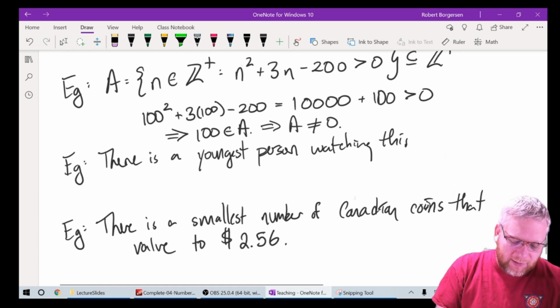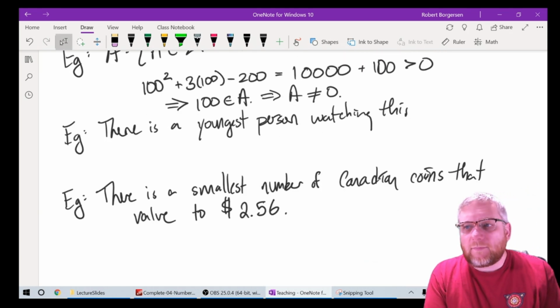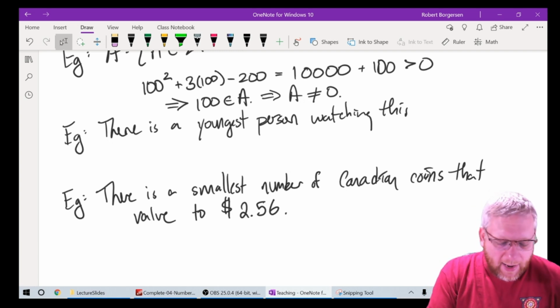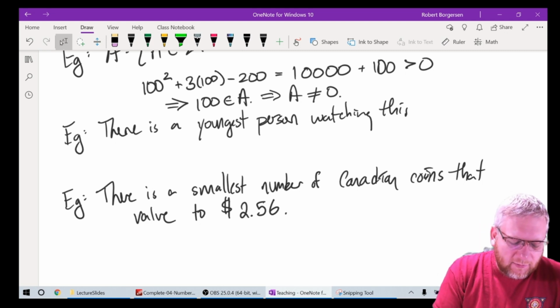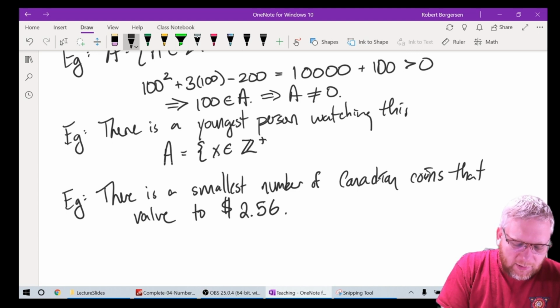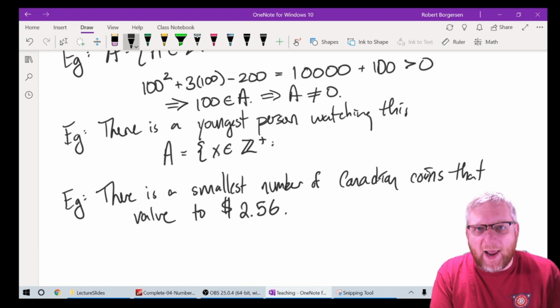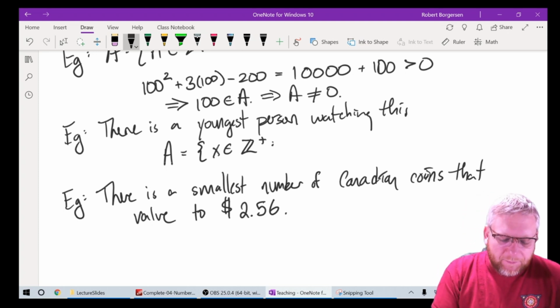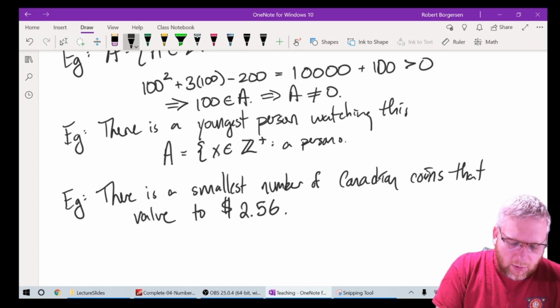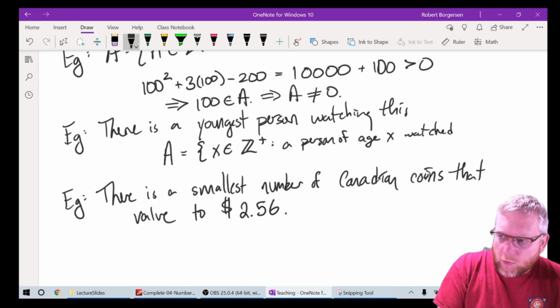We can also look at some non-mathy examples here. I can say that there is a youngest person watching this. Think about that. Almost nobody would consider that wrong, but consider that an application. It's the set of all x in Z plus, so we're assuming the lowest age a person could have is 1 in this example, and a person of age x watches this video.